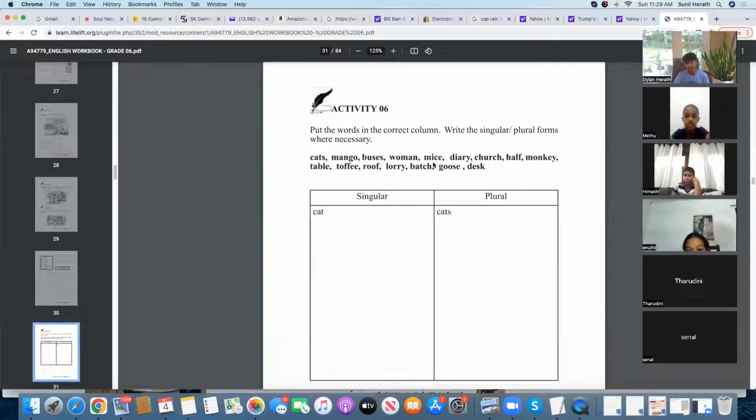So yes, in this case, mice is plural. Does anyone know what would be the singular of mice? Mouse. Yes, thank you. It would be mouse. So that's another weird one. They put ICE. There are many weird instances in English.